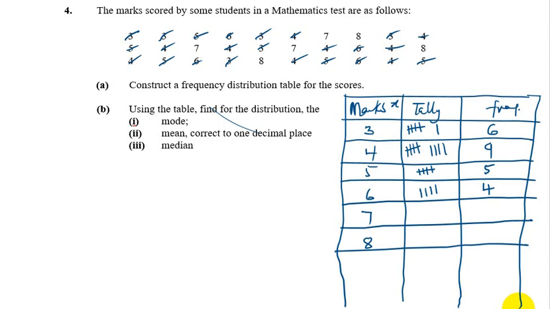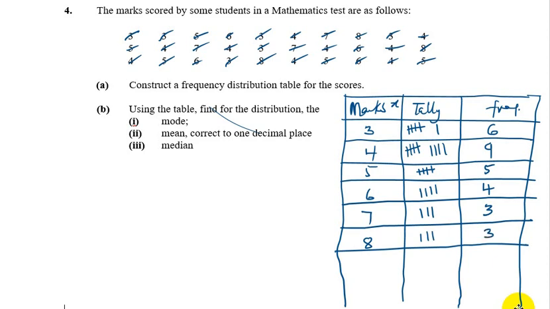Now for 7, we have 1, 2, and 3. I write my 3 here. Then for 8, I have 1, 2, and 3. Then I have my 3 over here like that.